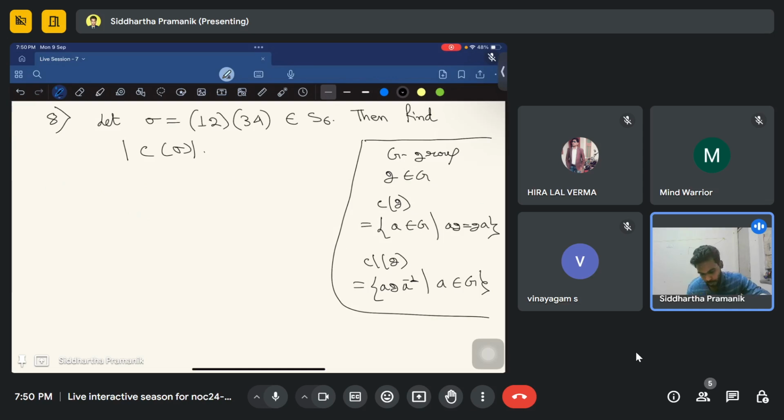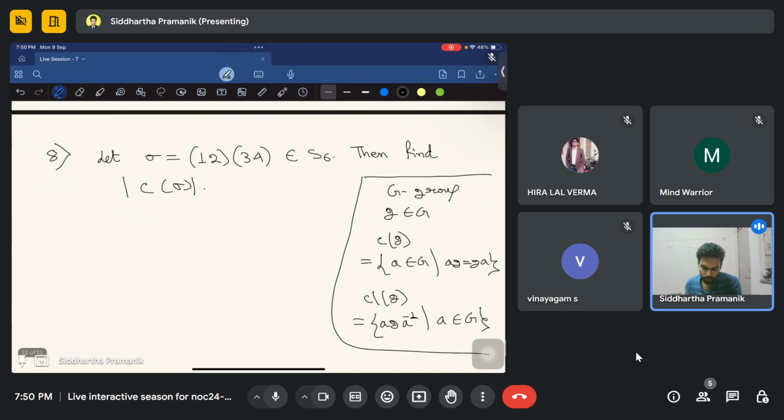I hope you can recall this definition. So can you do this problem? Do you have any idea how to do it?